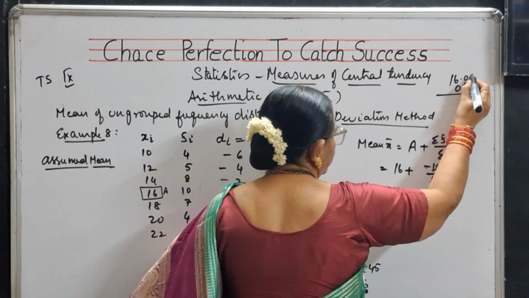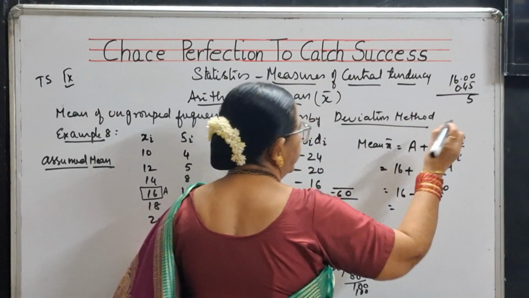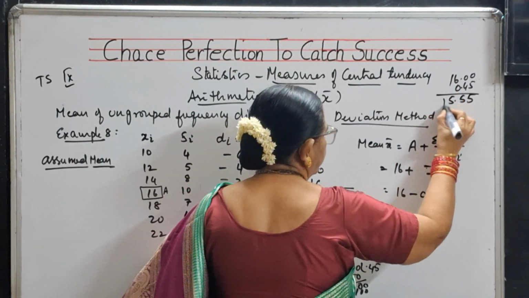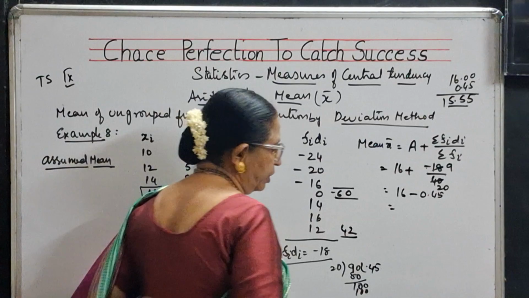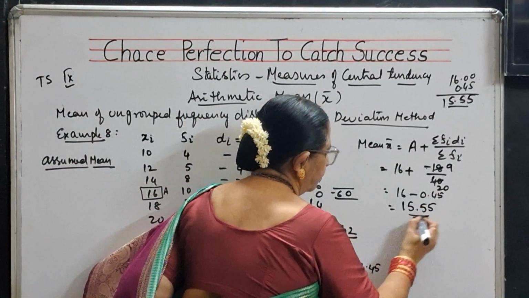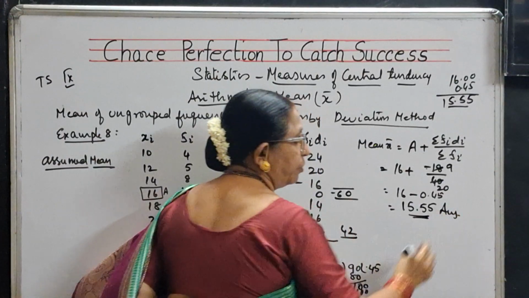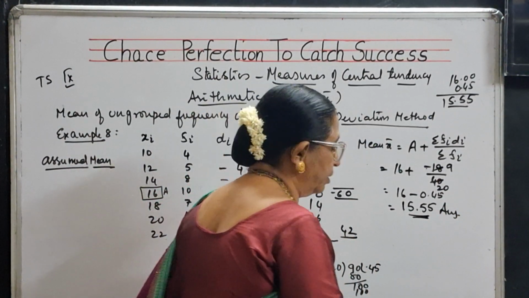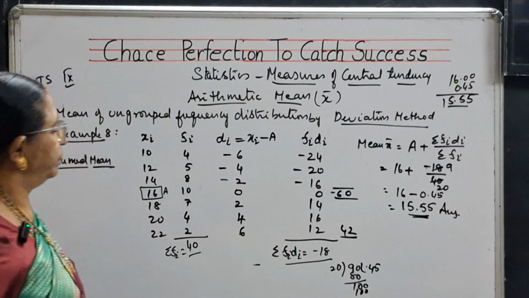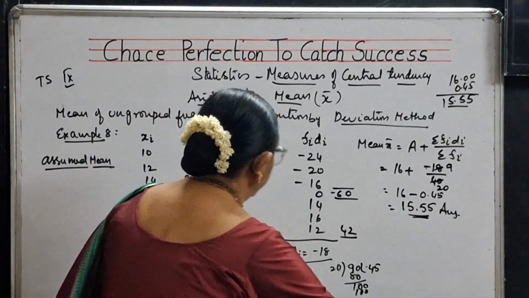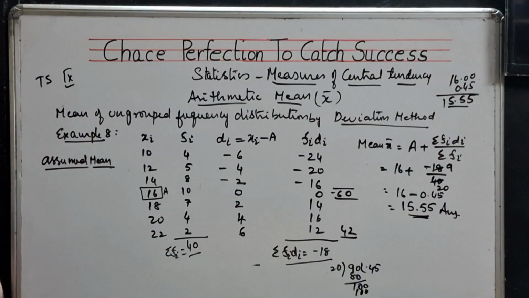That gives 15.55. 15.55 is the mean for this problem, children. I hope I am clear to you. Write this down. This is example 8.